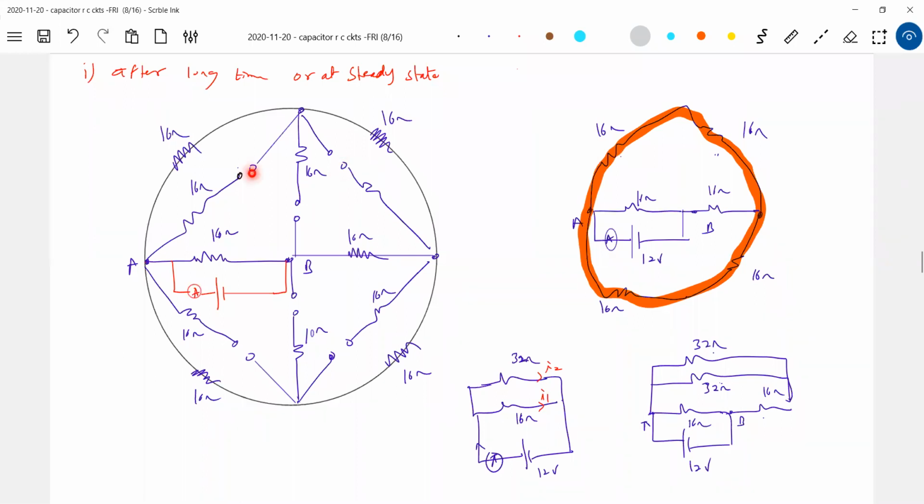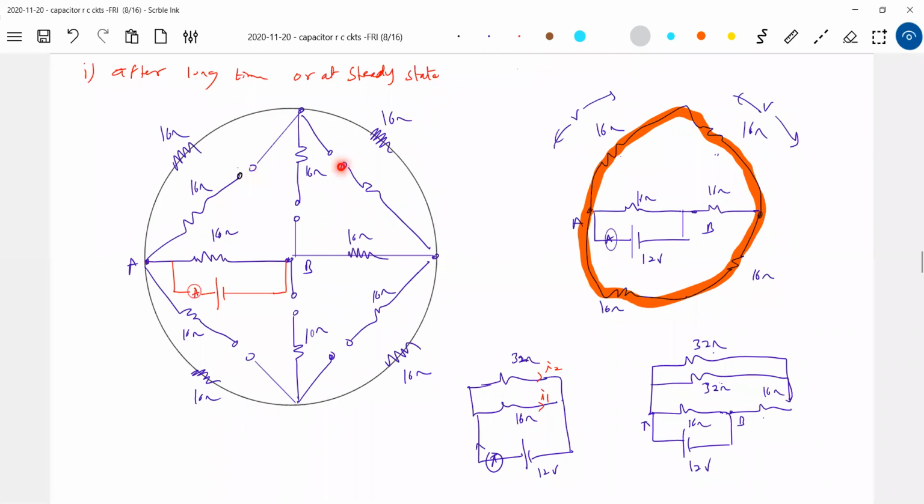Once you know this drop, or else you write a loop equation like this, you'll get a drop here. Or else write a loop equation, you'll get a drop here. The same idea. And this drop has to be calculated. What you do for this capacitor will be the same for this.